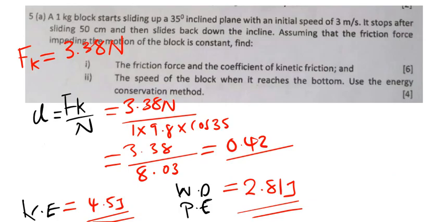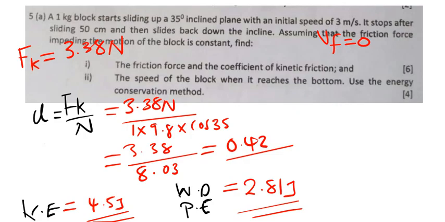So what will be the speed at the bottom? We know that when the object reaches the highest point on this inclined plane, the speed at that point is 0. However, as it is coming down, because this object had already gone up and is now coming down, you are losing height.